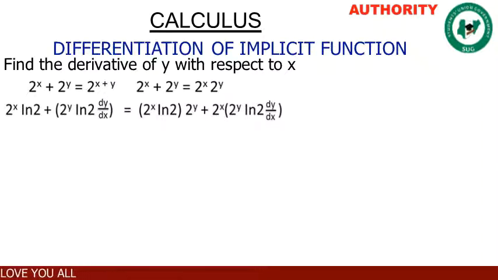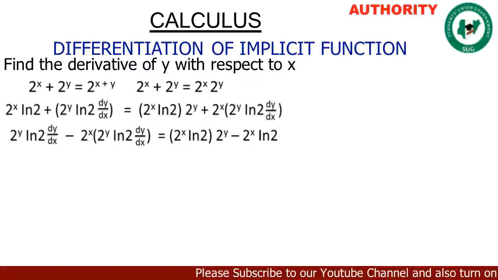Here, let's collect like terms. Let's collect the values having dy all over dx and let them come to one side.